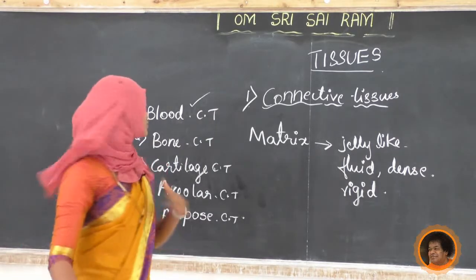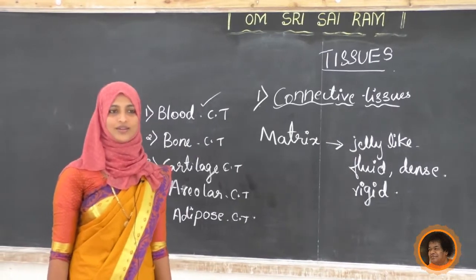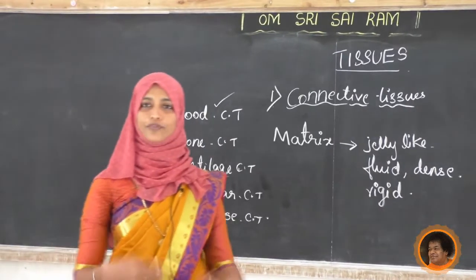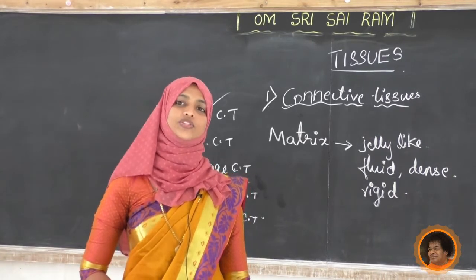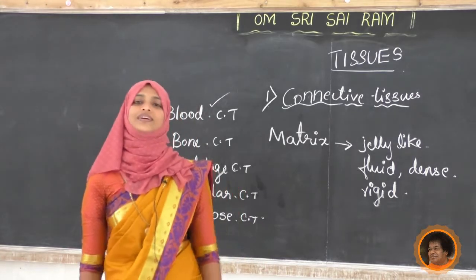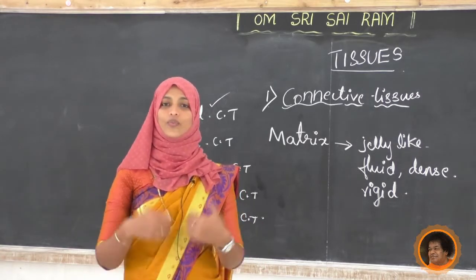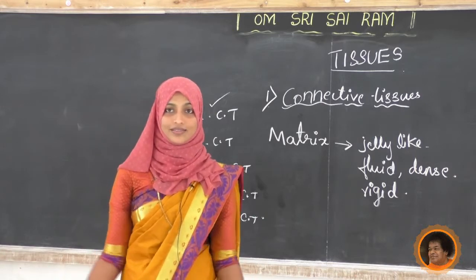Next we'll move to bone. It is also a connective tissue. Do you know bone? Have you seen any bone in your lab or anywhere? We can see it in the skeleton. Tell me, student, what will the matrix be here, fluid or gas?